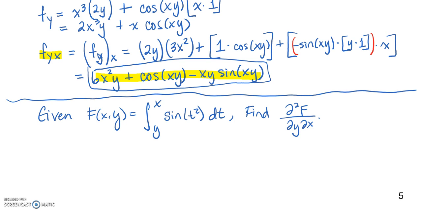A second partial derivative. So this time we have our function defined in terms of an integral, which is fine. Keep in mind that sine of t squared, you should recognize that that's not integrable. I can't use u substitution or any other technique that we currently have to integrate that.